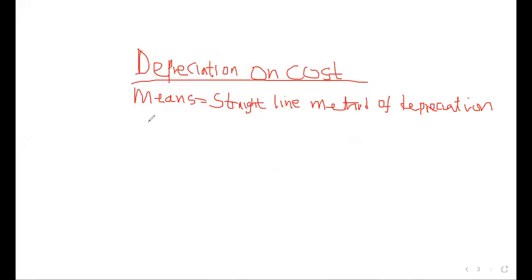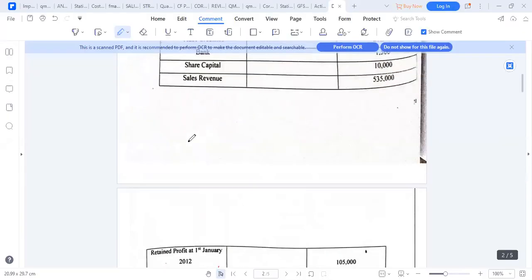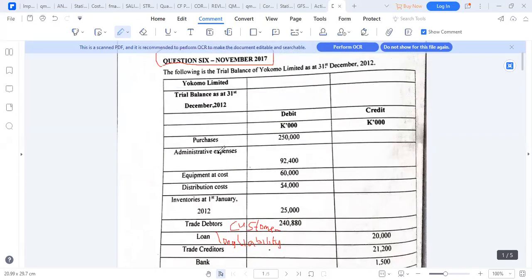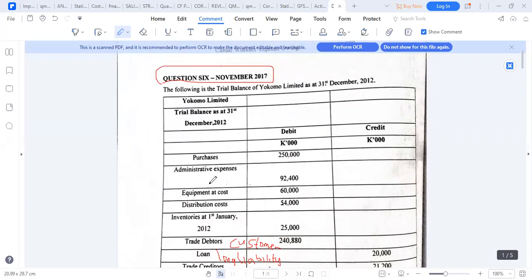First of all, as we go back to this question, we have only one fixed asset here, which is our equipment, which we got at 60,000.